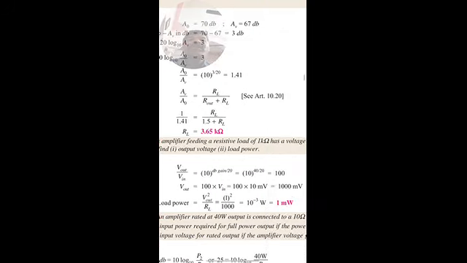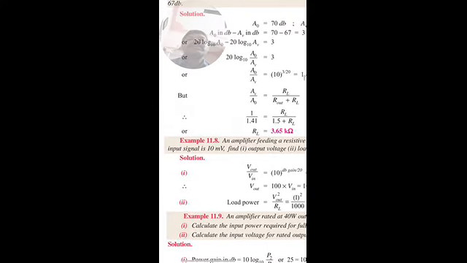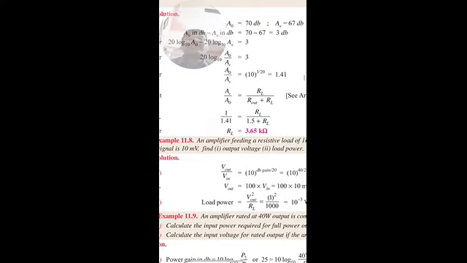Another example, an amplifier feeding a resistive load of 1 kilo ohm has a voltage gain of 40 dB. RL is given and voltage gain of 40 dB. If the input signal is 10 millivolts, voltage gain is given in dB, and Vin is given.